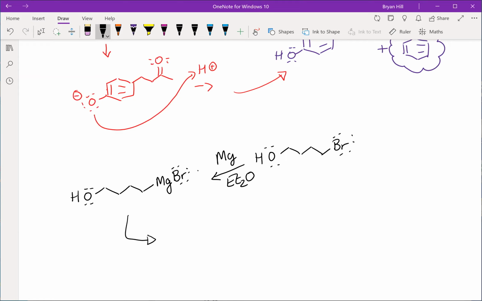The trouble is you can't do that because there's an acidic proton on there. So chemists have come up with a way of dealing with this, and that's what we'll talk about.